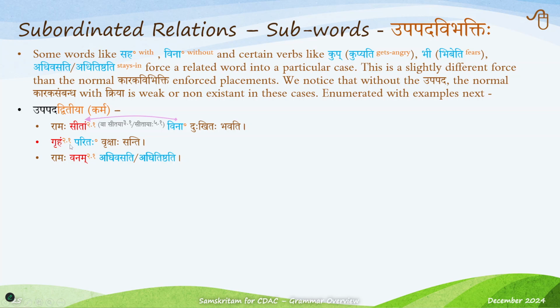It doesn't sound wrong in Samskritam, but Samskritam has a requirement of upapada dvitiya for this kind of usage, not shashti. It will be understood, but it is not the technically accurate way to go. So griham paritah is the way to go.